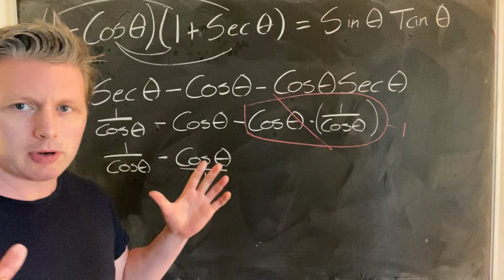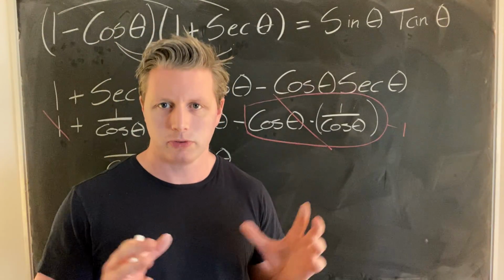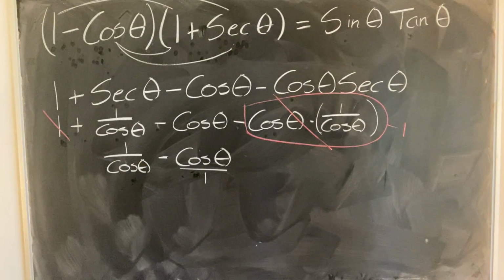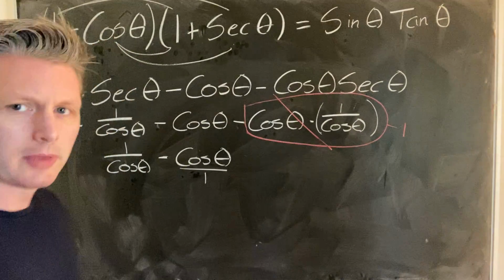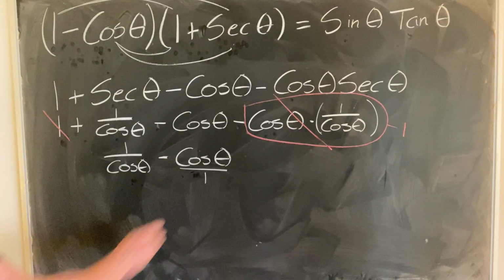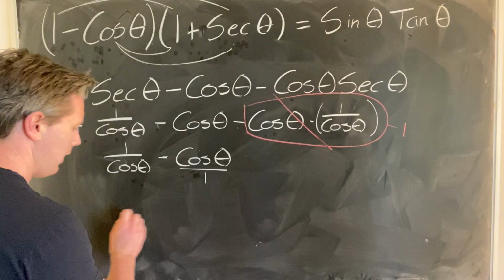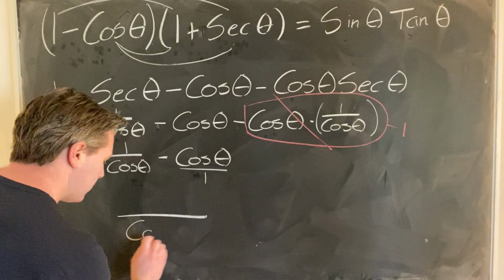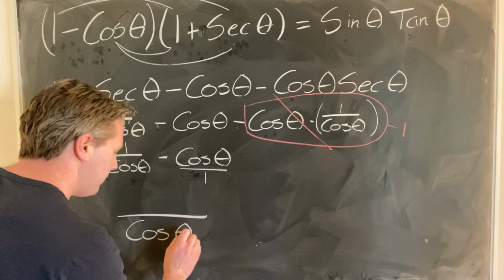I want to perhaps bring them together. That might be useful to me. So I want to find a common denominator. A common denominator of cosine theta and 1 would simply be cosine theta.